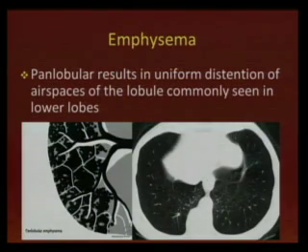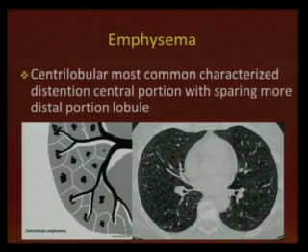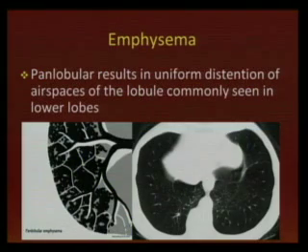The other type is panlobular emphysema, when all the secondary lobule is involved, and this pattern is seen mainly in the lower lungs. Centrilobular emphysema is mainly seen in the upper lungs and is associated with smoking, and panlobular emphysema is associated with alpha-1 antitrypsin deficiency.